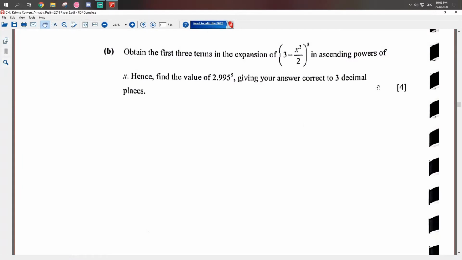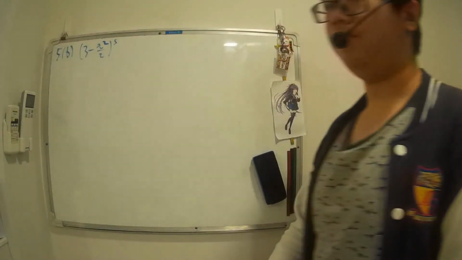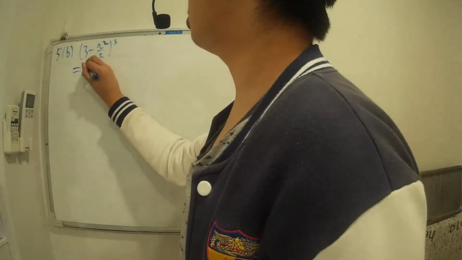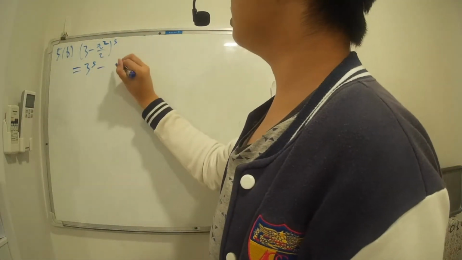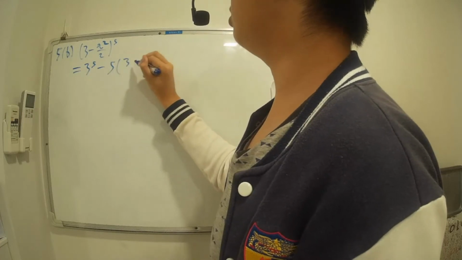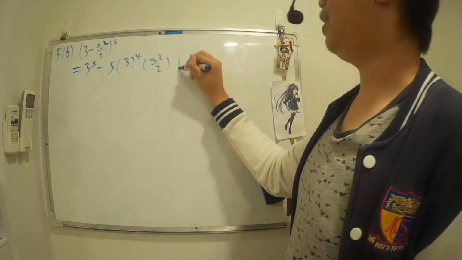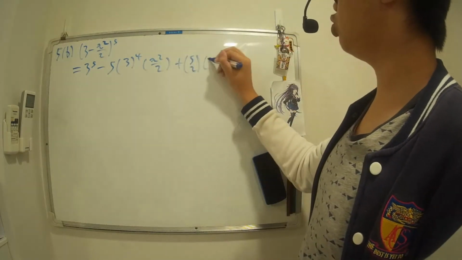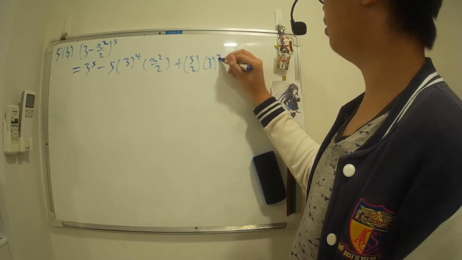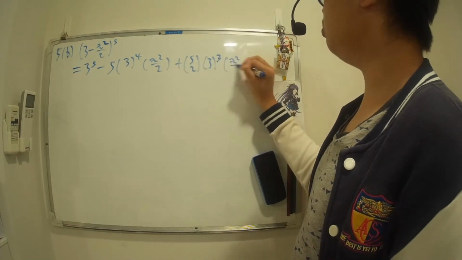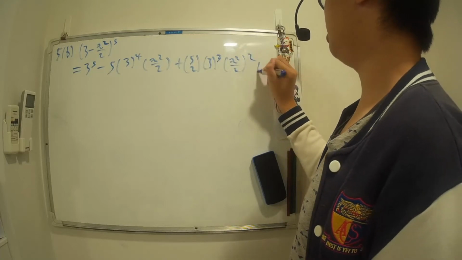Part B, obtain the first three terms in the expansion of (3 minus x squared over 2), all raised to the fifth power in ascending powers of x, and hence find the value of 2.995 to the fifth power to 3 dp. So, let's do this. 3 to the fifth power minus 5 times 3 to the fourth power times x squared over 2, plus 5 choose 2, 3 to the third power, (x squared over 2) to the second power, and so on.